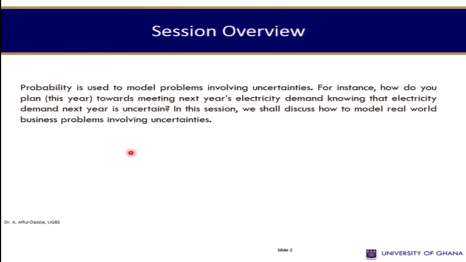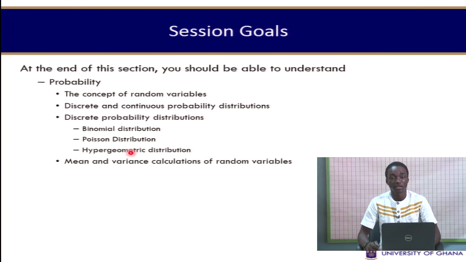In our previous courses, we did an introduction to probability. We talked about expectation, we talked about variances, we talked about coefficients of variation. This time we also want to look at probability distributions. So our main concern here is to look at the concept of random variables, discrete and continuous probability distributions.